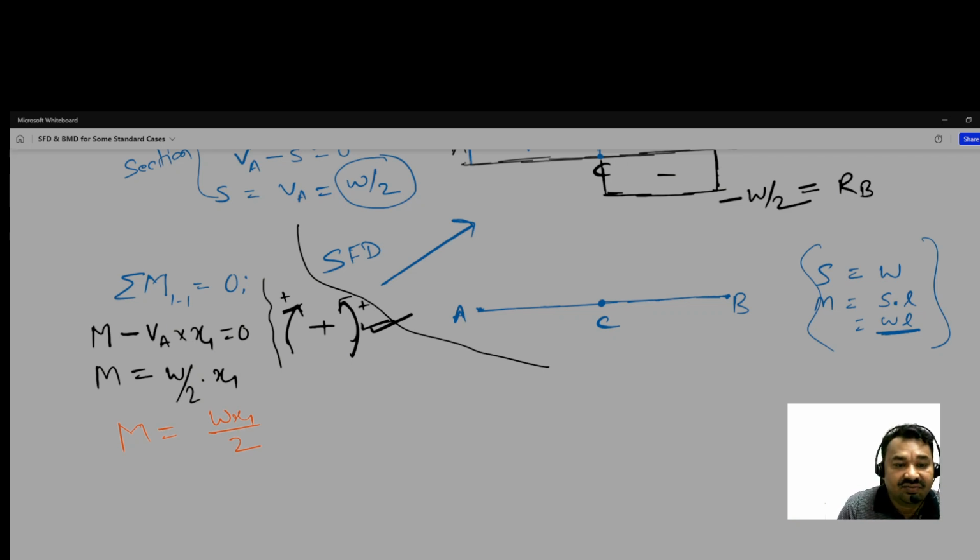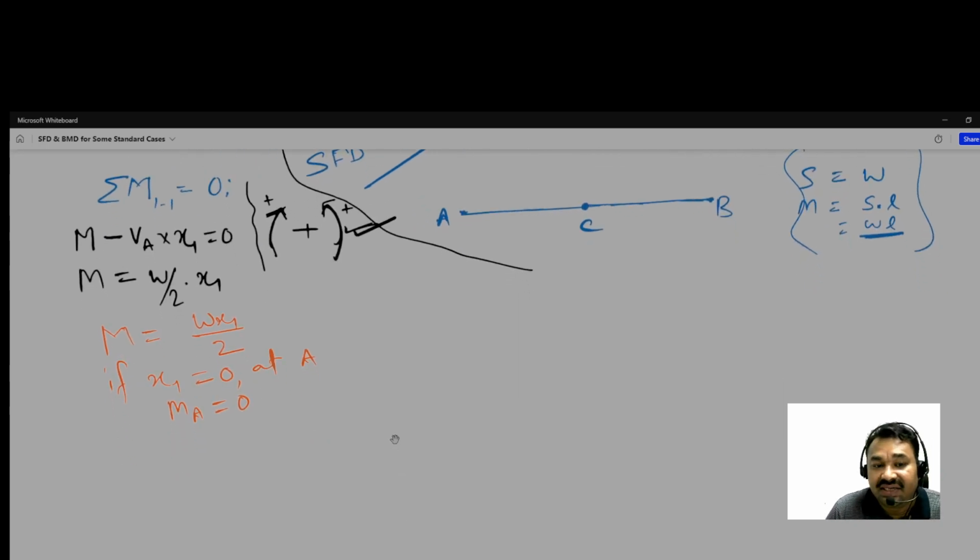Now boundary conditions we have to apply. If x1 is equal to 0, means we're talking about A. So MA will be 0. So what I was trying to say is that at the end, due to support, there will be no bending moment. So it is verified mathematically.